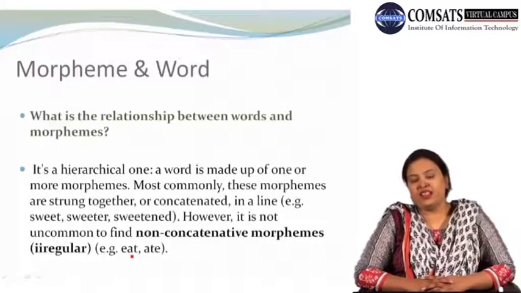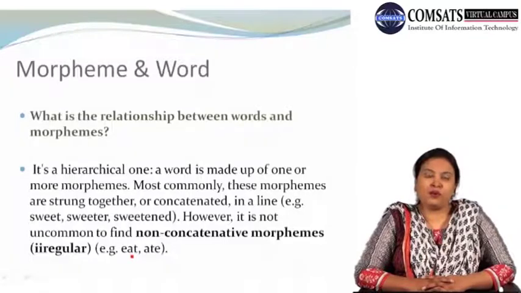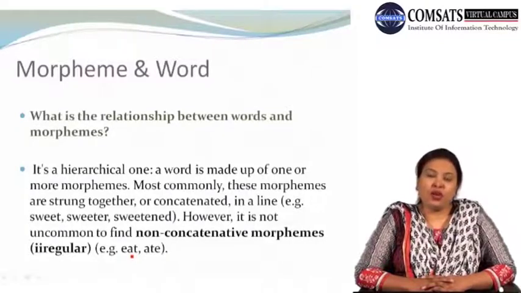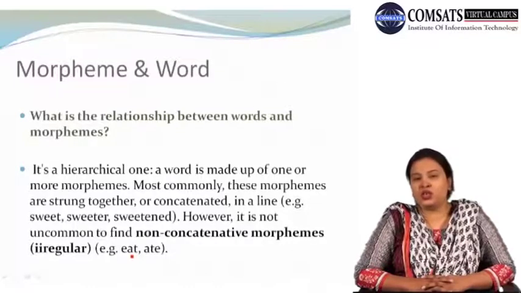Now most commonly these morphemes are strung together, or concatenated. Concatenated is a word which means to make a chain, so they are in concatenated form in a line. For example, sweet, sweeter, sweetest. Sweet is a single word, single morpheme.